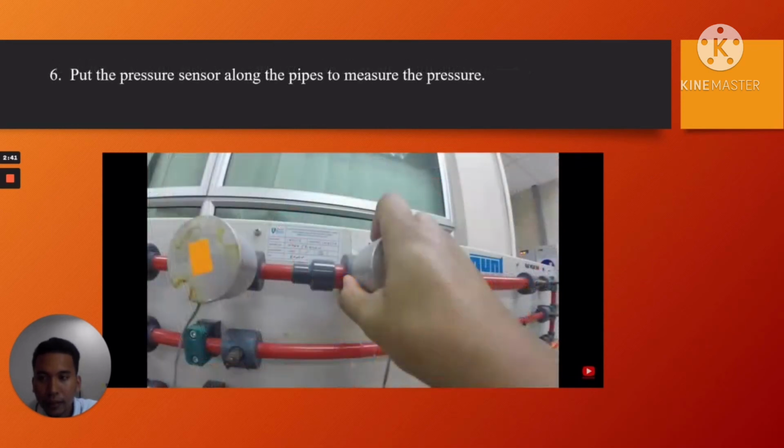And step number 6, put the pressure sensor along the pipes to measure the pressure. So we need to put the pressure sensor along the pipes to take the reading that the pressure sensor produced.